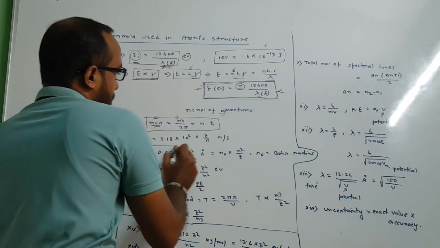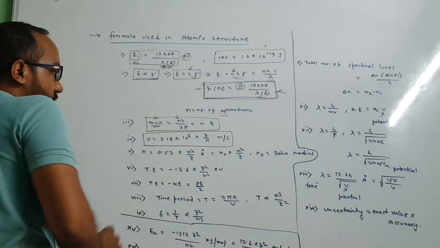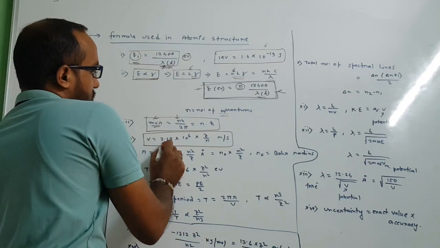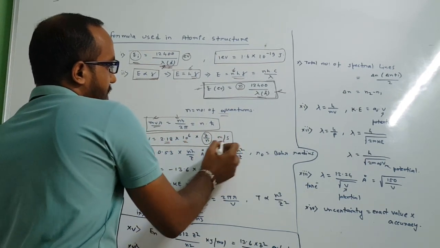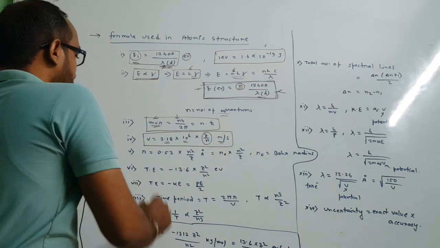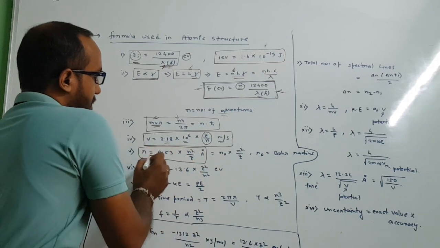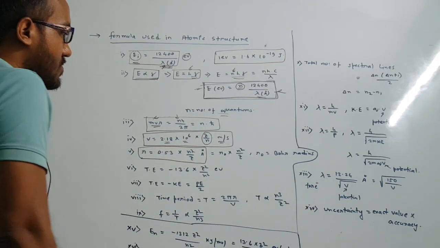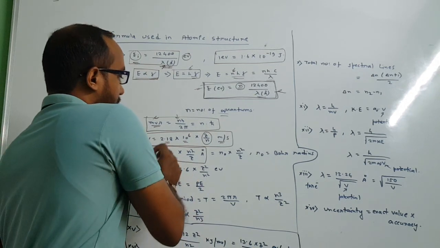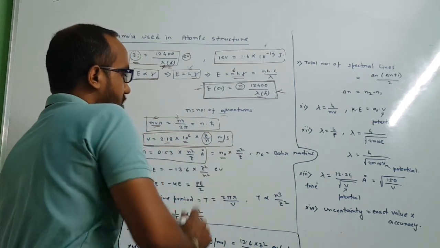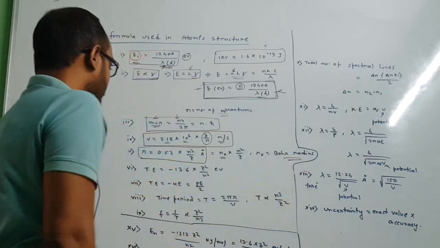Now remember the velocity equation: velocity of electron is 2.18 into 10 to the power 6 Z by n meter per second. Radius of nth orbit is given by 0.53 into n square by Z, where Z is the atomic number, and this 0.53 is actually your r naught, known as Bohr's radius.